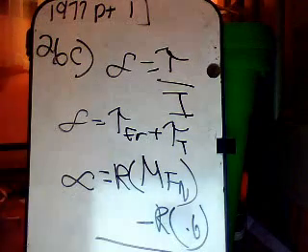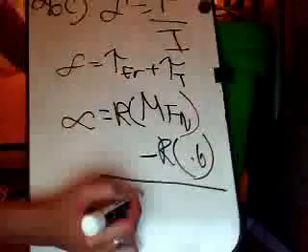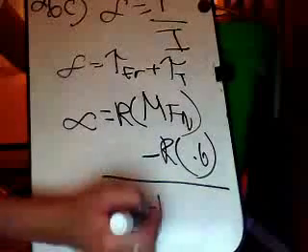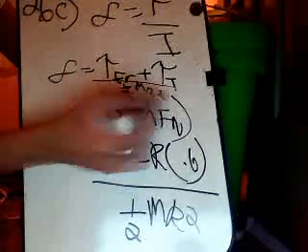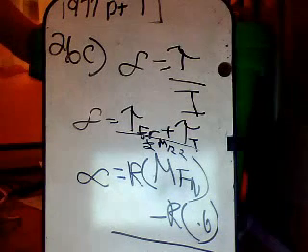And then that is all over I, and I equals 1/2 mr squared. So the two torques are over 1/2 mr squared.